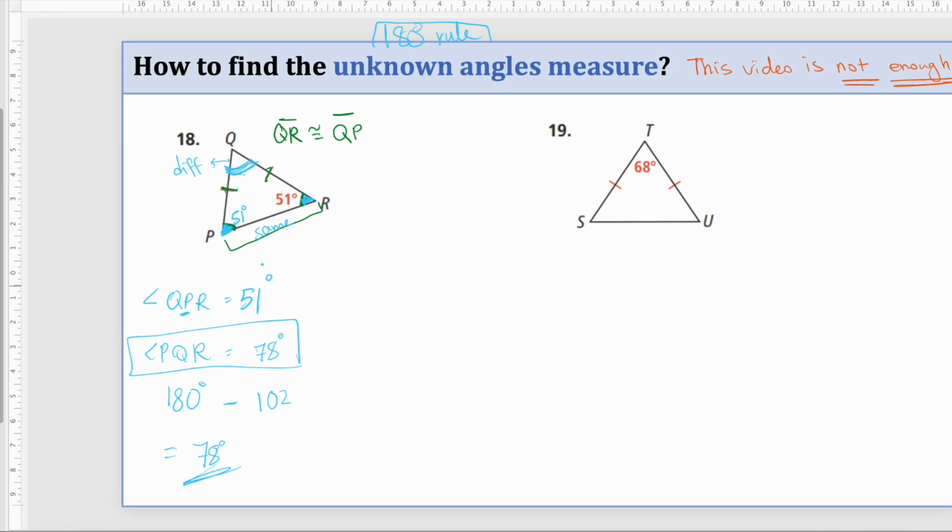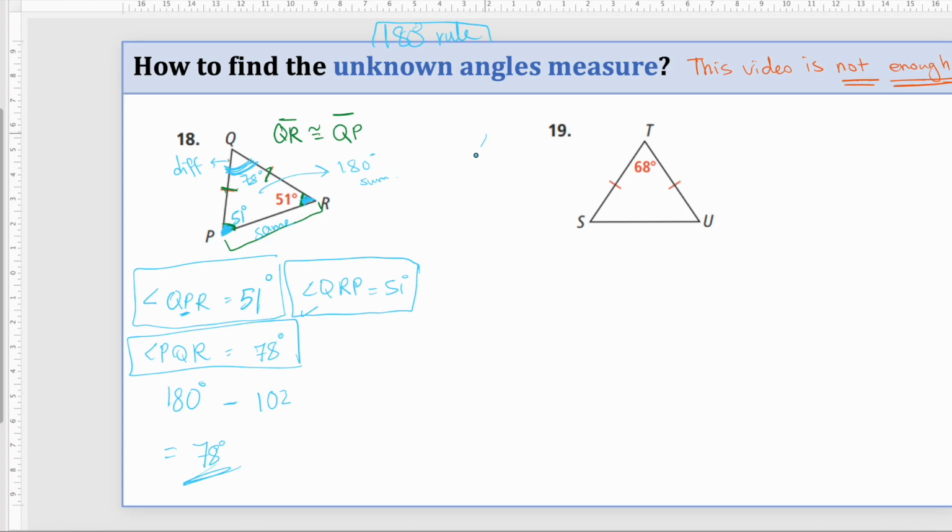So the last missing angle is always different, and the two angles at the base are supposed to be equal. It's equal to angle QRP, which they gave me already as 51. If you want to double check your work, after you find all answers, add them up again on your calculator. You're supposed to get 180 as a sum again.